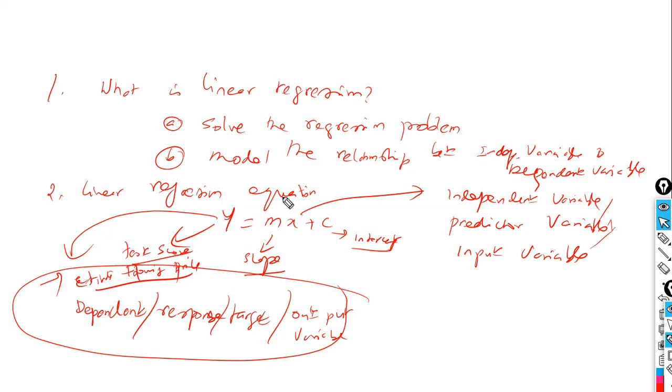Why is it called a dependent variable? Because, as the name suggests, it depends on other variables. It's something like a mother in your house, a housewife. She is a dependent. She is depending on her husband and son.